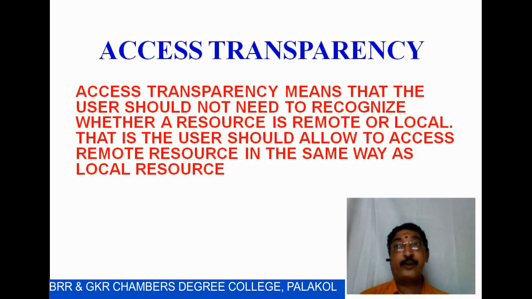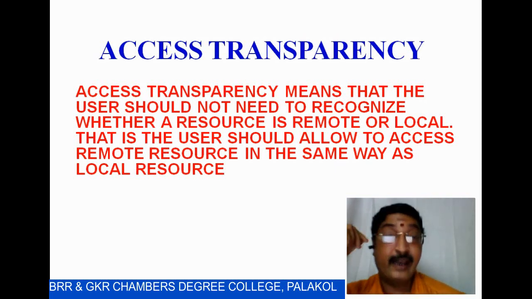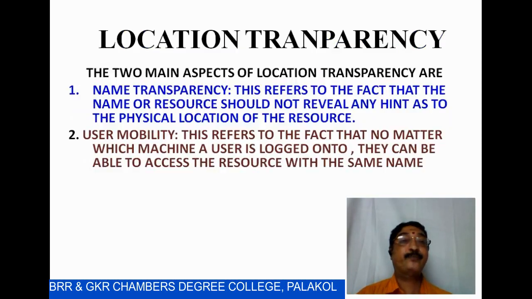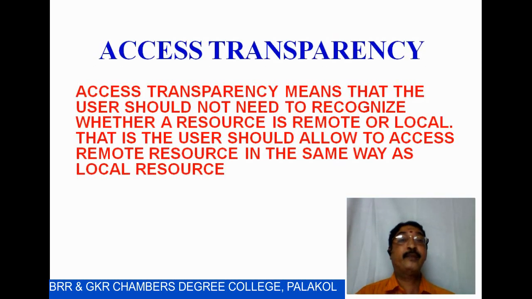He should not know the difference, whether details came from another country or from the local computer. He must be able to access remote details the same as local details. That is access transparency.